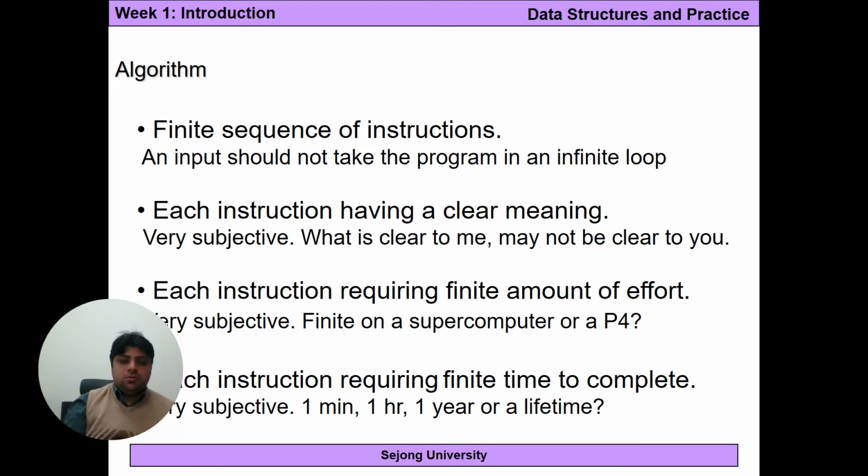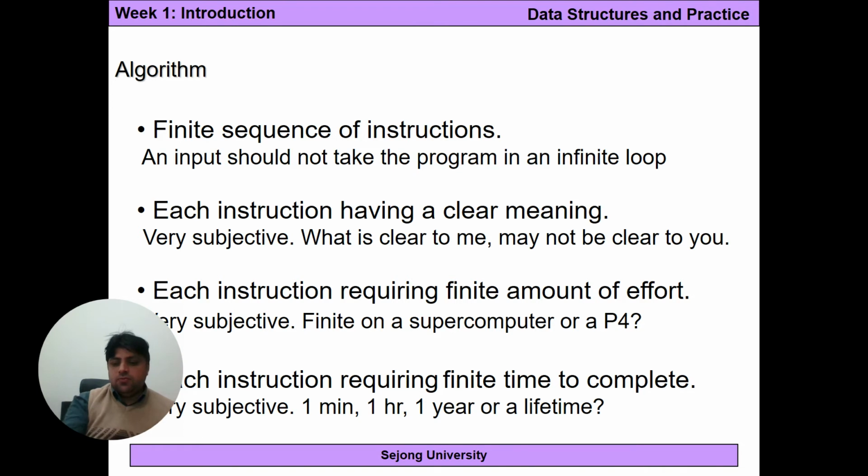The effort should be finite. Each instruction requiring finite time to complete is also very subjective. There should be some finite time for completion of any instruction given by the user. It can be 1 minute, an hour, a year, or a lifetime, but it should be finite.